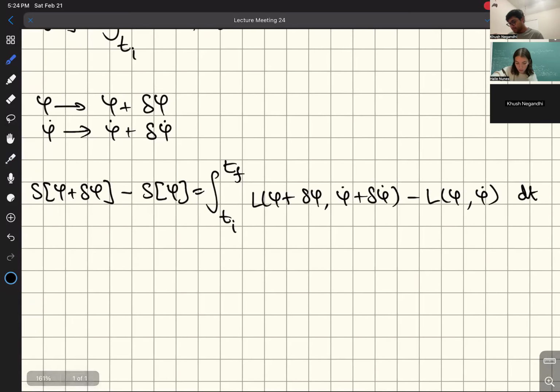In such a limit, this term just looks like we're taking the derivative of L, and that's exactly what it is. So for now I'm going to write this approximation, because whenever I write this approximation we're taking a limit. And then we use the chain rule to get that this is partial L partial phi with a variation in phi.